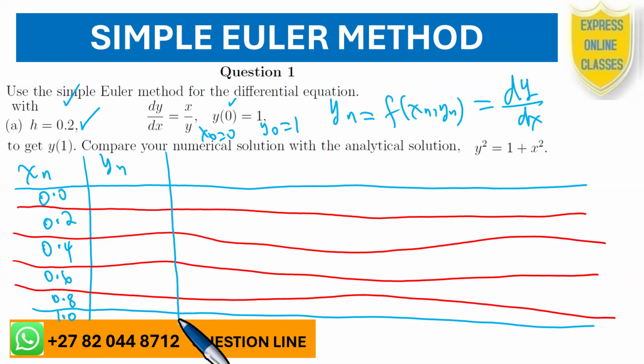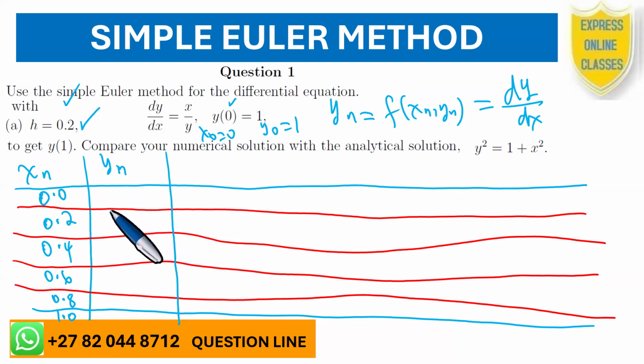Right, so y sub n. Now, dealing with y sub n, the x_n have already been put, and we are putting the y_n now.